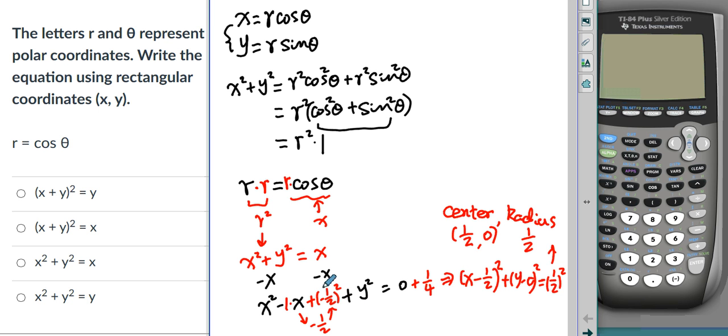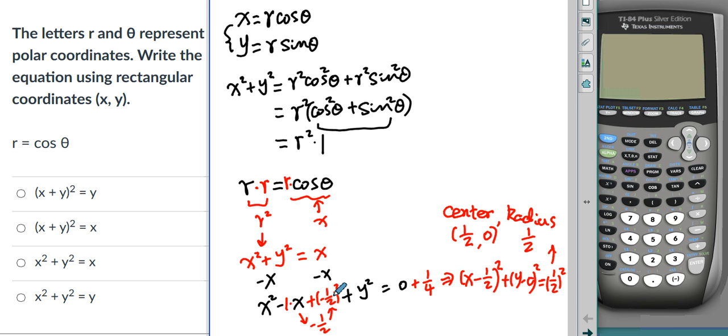We need to complete the square for x. The coefficient of x is 1. 1 divided by 2 is 1/2, and squared, that is positive 1/4.